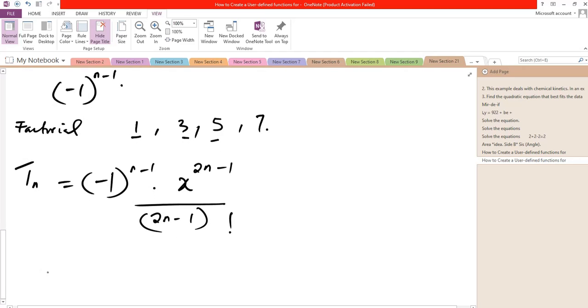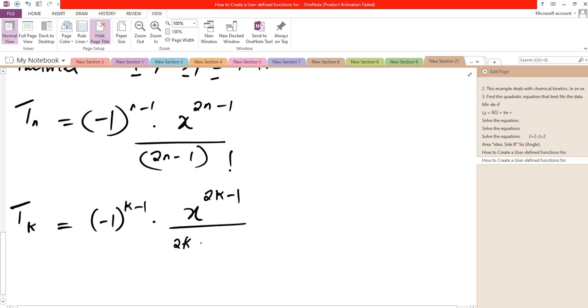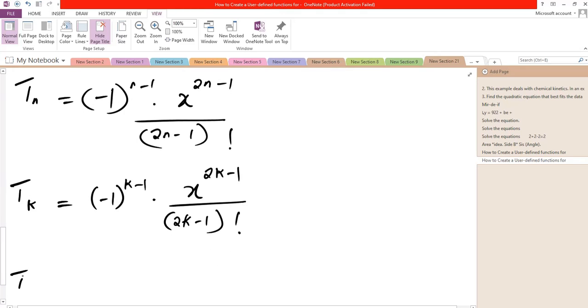So now let's say the kth term, that is t subscript k, is (-1) raised to power k minus 1 times x raised to power 2k minus 1 all over 2k minus 1 factorial. Now for t subscript k plus 1, that means anywhere you see k, you substitute with k plus 1.